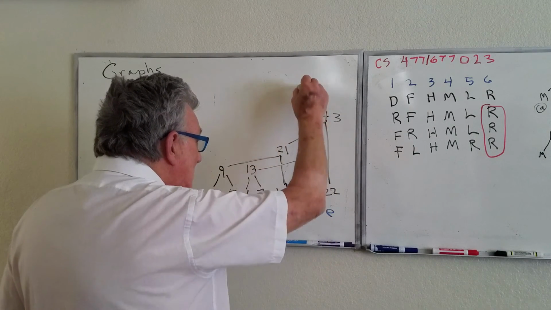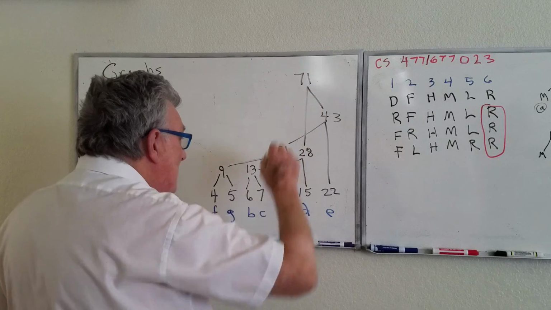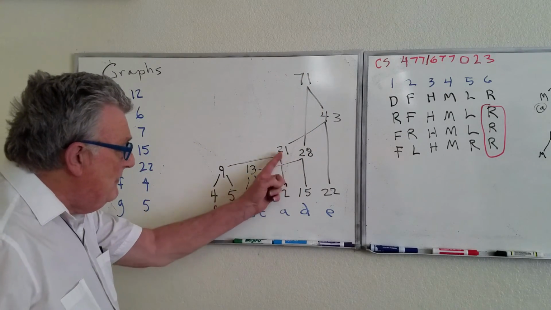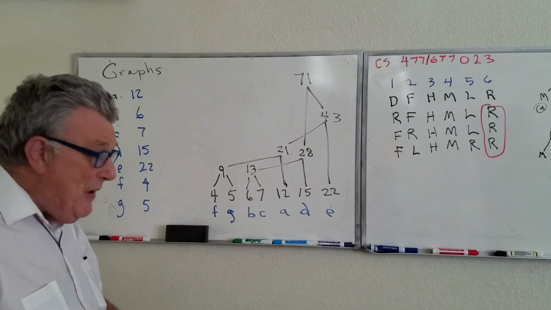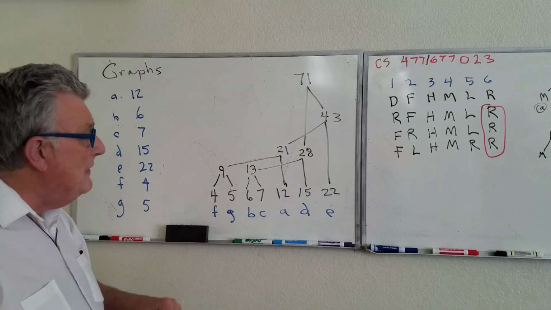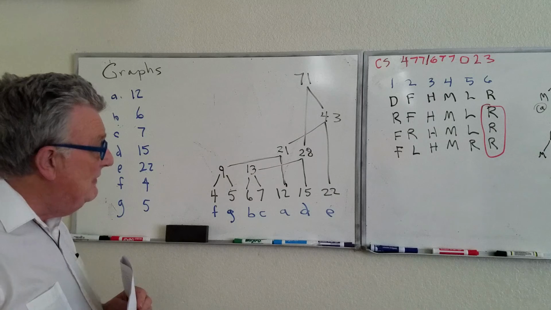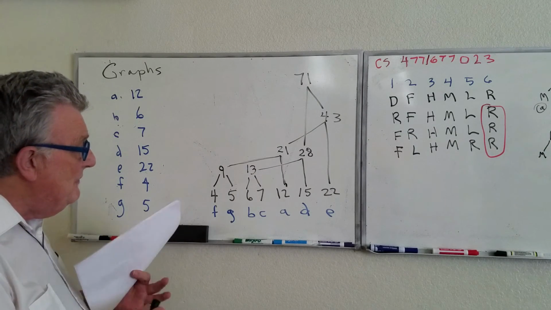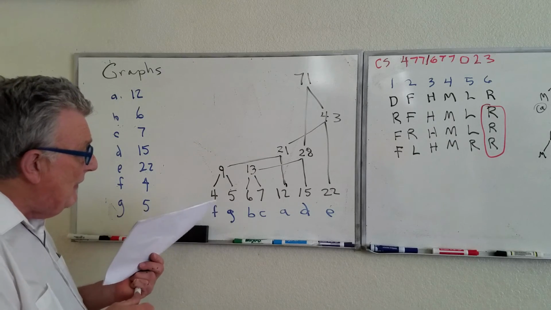And then we can combine these two to get 71. Now you notice I wrote the 28 to the right of the 21. Does that really matter? No, I could have written the 28 to the left of the 21. There are certain things that don't actually matter.